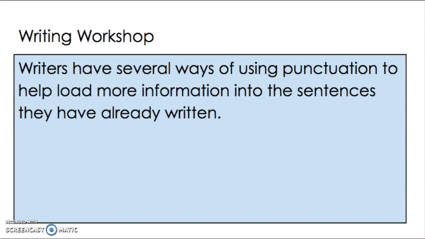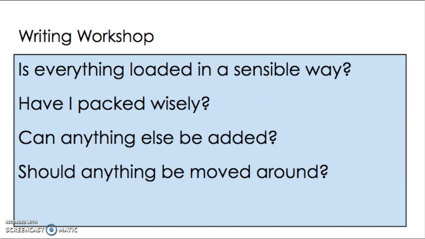Now, one of your jobs then as an information writer is to look over your writing like maybe an immigrant is looking around their old house that they're leaving and think, okay, do I have everything I need? And then they look over their luggage and think, did I load everything up in a sensible way? Have I packed wisely? Could anything else be added? Should anything be moved around?